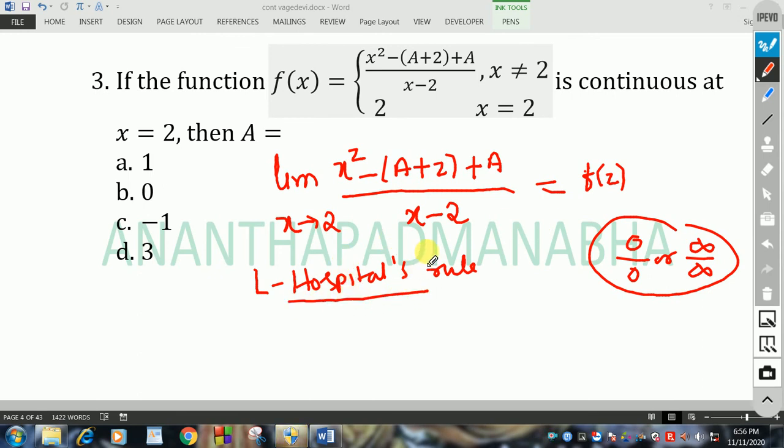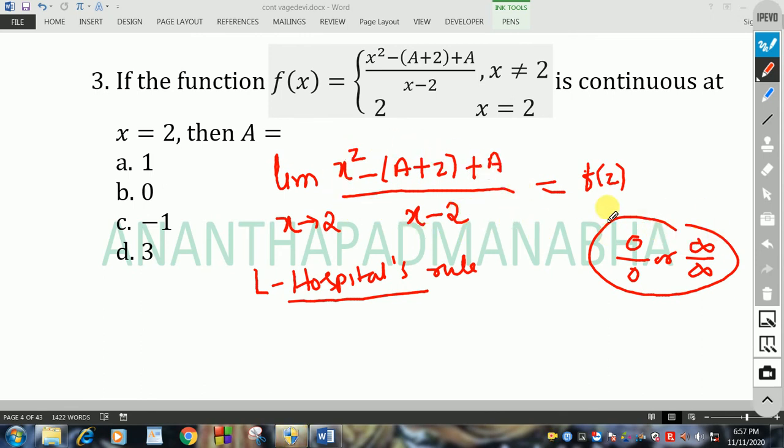So it says that we can differentiate. The given limit will be equal to the limit of the derivative of the numerator divided by the derivative of the denominator. Let us see how with this example.